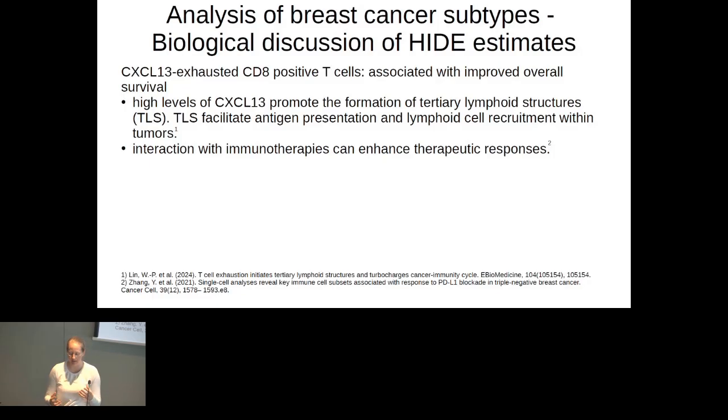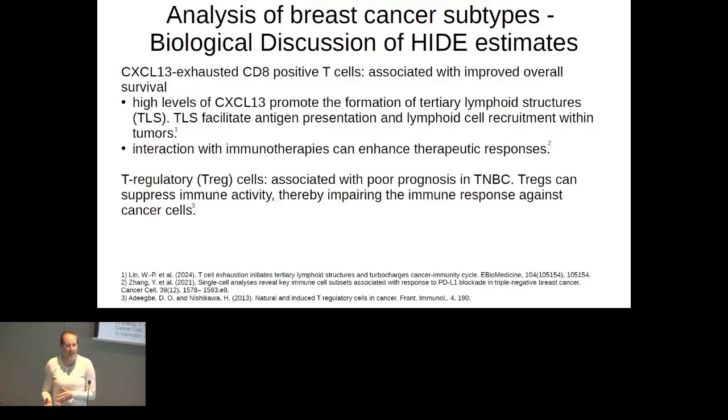So, okay, this makes sense. And also these exhausted CD8 positive T cells help for interaction with immune therapies and can enhance the therapeutic responses. Okay, so literature and our findings are the same.